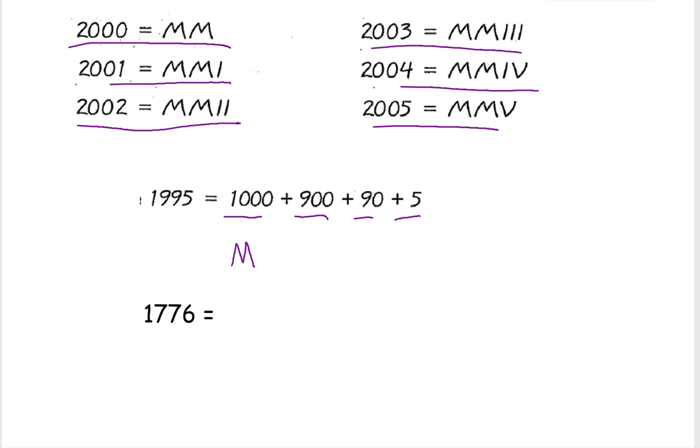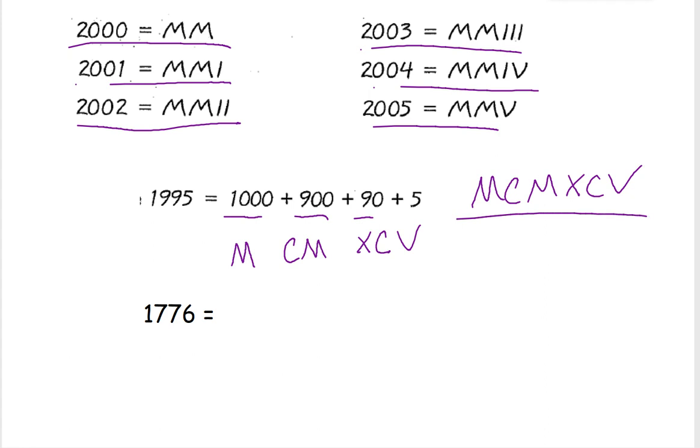So I would show that by doing a CM. 95, so remember 90 is 10 less than 100 plus 5. So altogether, 1995 is MCMXCV.